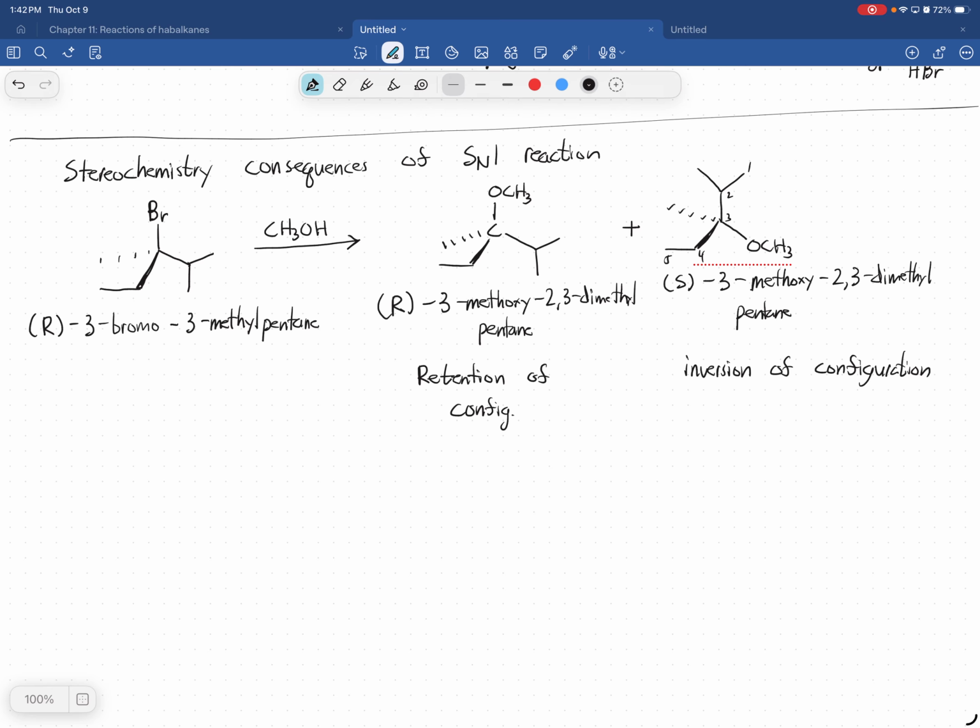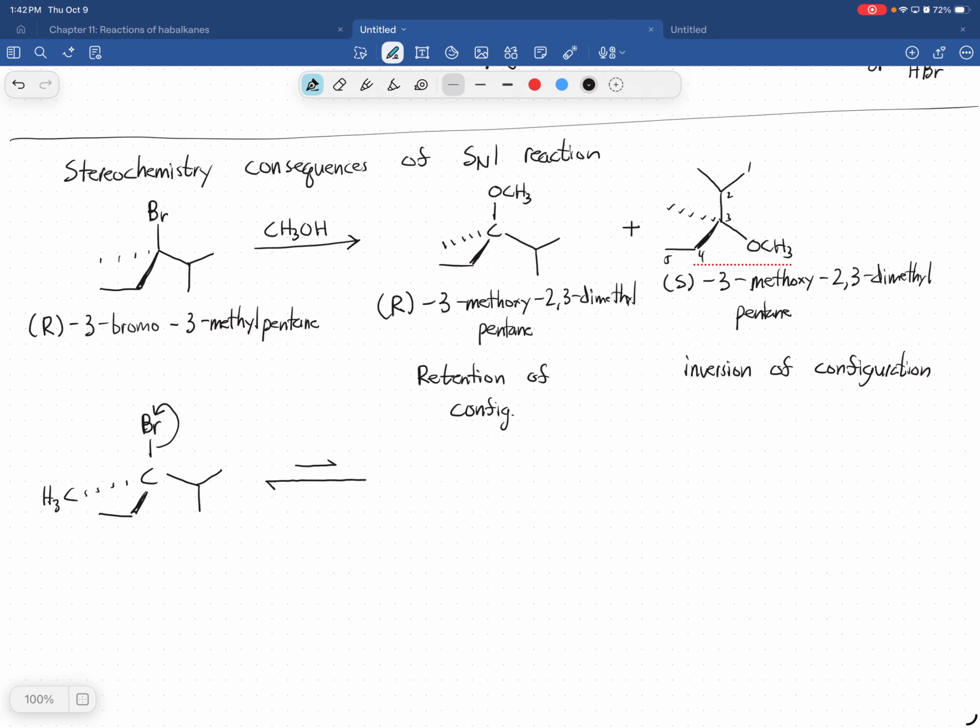So let's explain how that happens. Let's redraw our reactant here. Your methyl group here. I wrote it out, but you don't have to, guys. We know Br leaves, right?